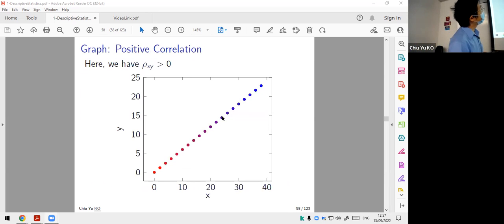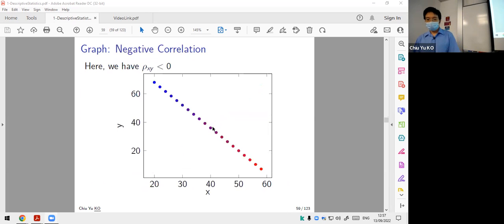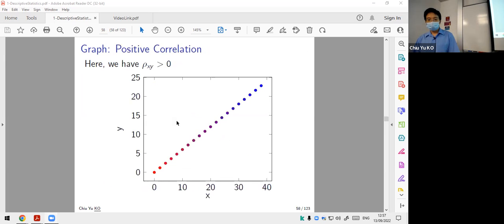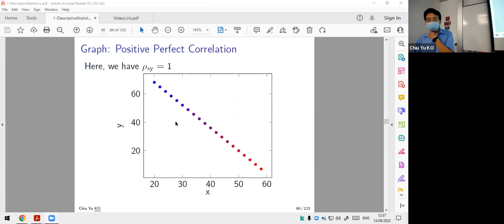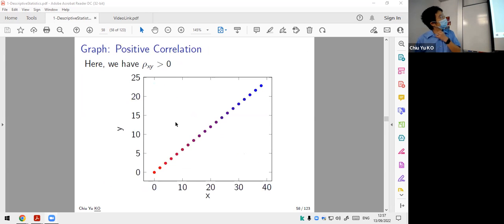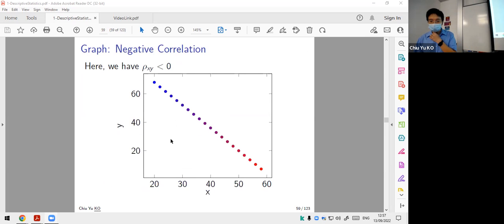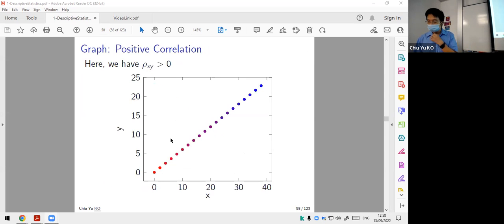So when you have this positive, and this negative, I think that is not very good because it looks the same. So positive should be something like this.